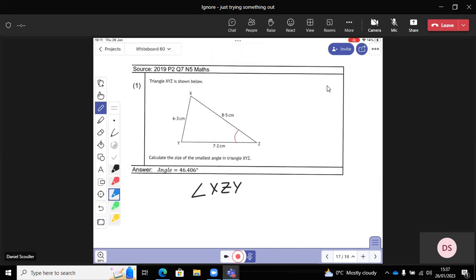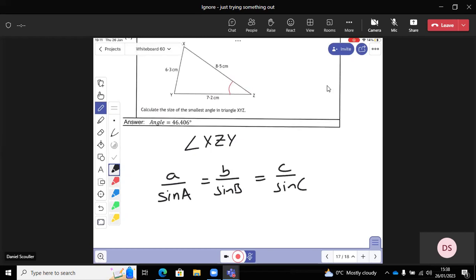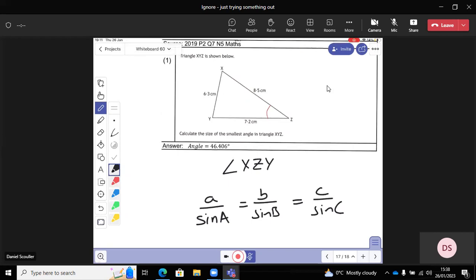Now, they don't tell you what rule to use. So we can either pick to use the sine rule or the cosine rule. Now, sine rule: a over sine A equals b over sine B equals c over sine C. Can we use that rule if we don't know any angles at all?